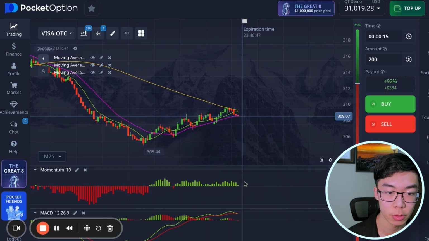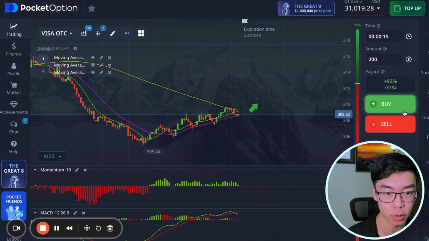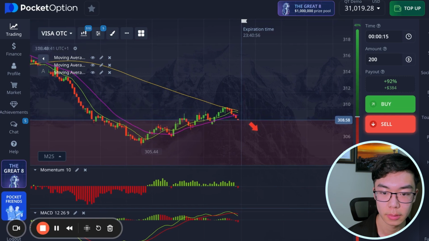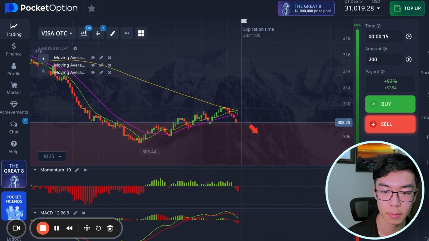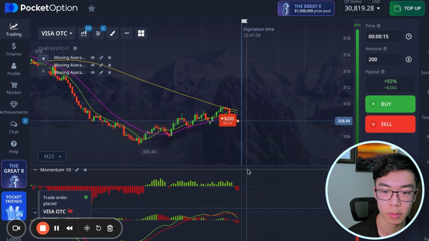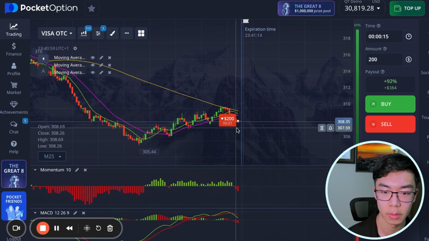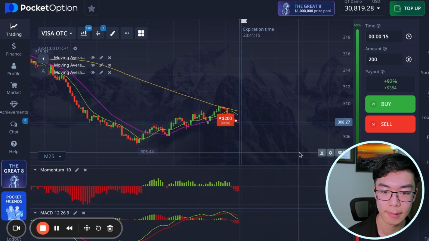So things are going downwards here on the long moving average, the 100 moving average. Let's wait for it to go up a little bit before we sell. Okay.